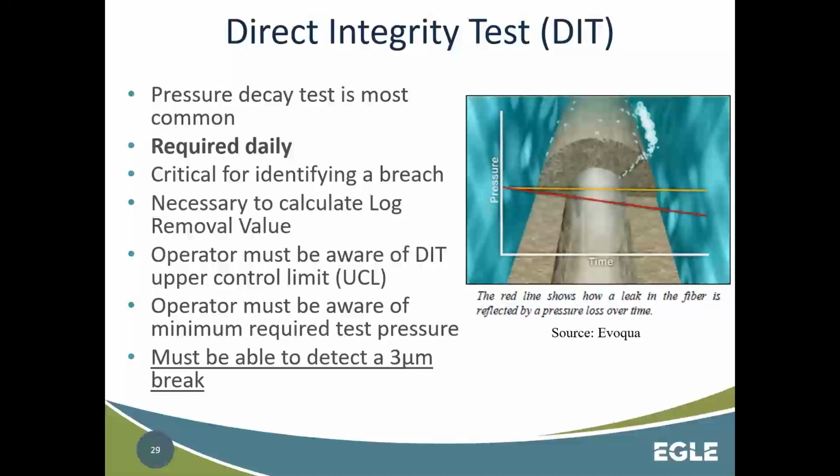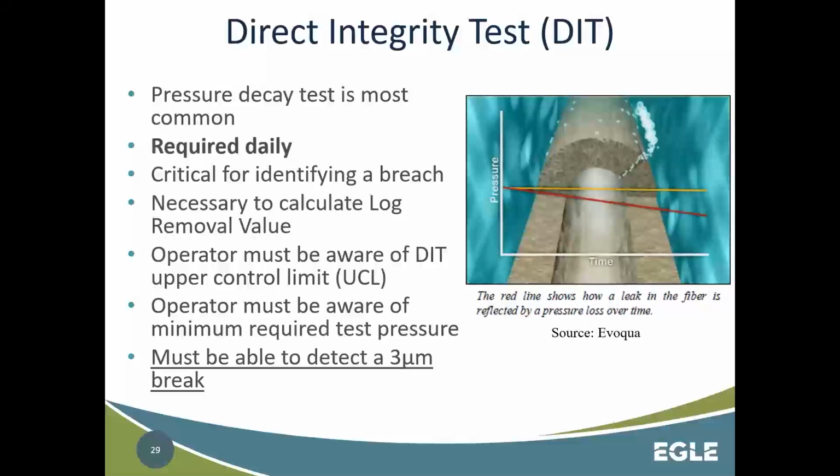So we refer to that as multi-barriers. You have the coagulant, you have the settling, you have the filtration. So it's like 3 barriers right there. Whereas membrane filtration, the biggest disadvantage, I would say, is you are putting all your eggs in one basket.